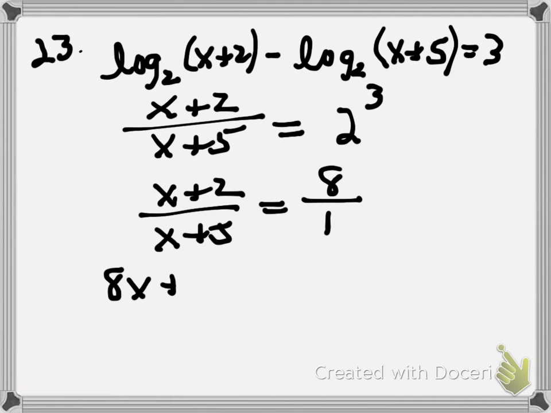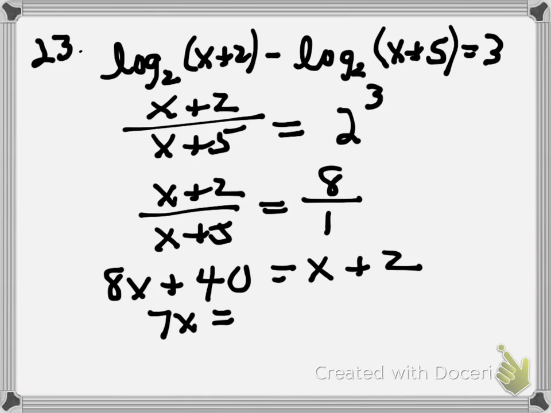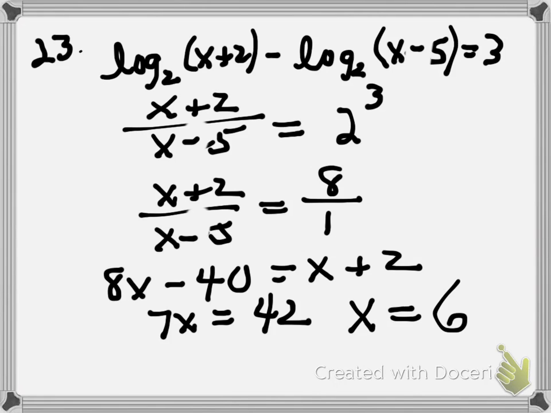I have 8x plus 40 is equal to x plus 2. 7x is equal to, this was a negative 5 here, negative 5, negative 5, and here a negative 40. So when I add 40 to each side and divide by 7, I get 6.